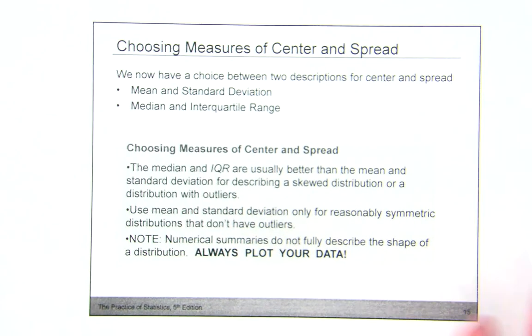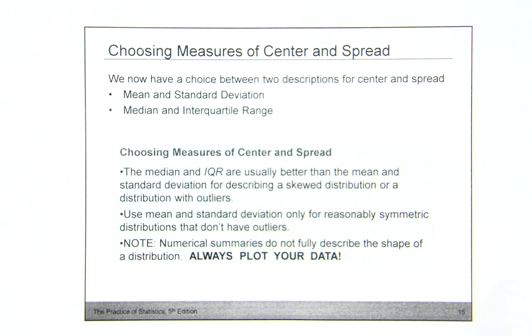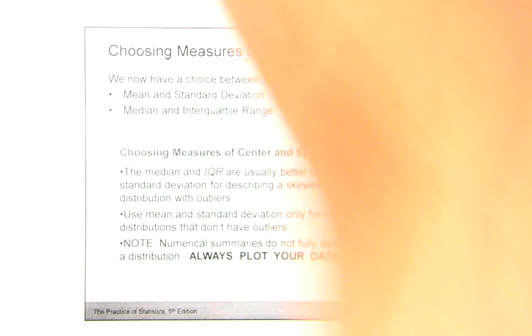All right, a couple of things really quickly. We have a choice between two descriptions for center and spread: the mean and standard deviation, or the median and the interquartile range.